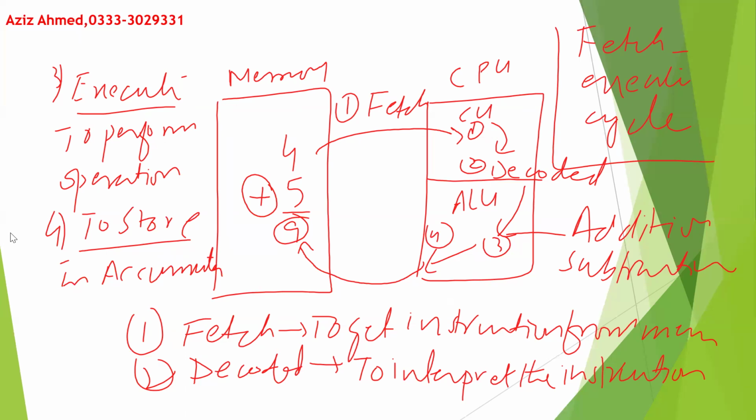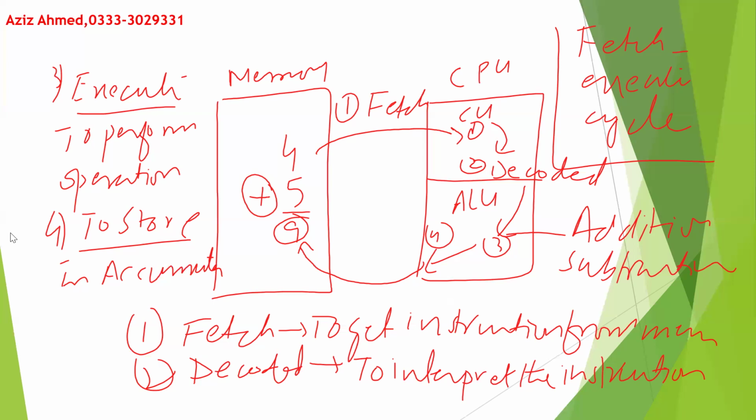This is told by the CU. The CU will tell the ALU to do addition, subtraction, multiply, division or remainder. Any operation which can be done by the ALU will be told by the CU. This is called the fetch, decode, execute cycle.